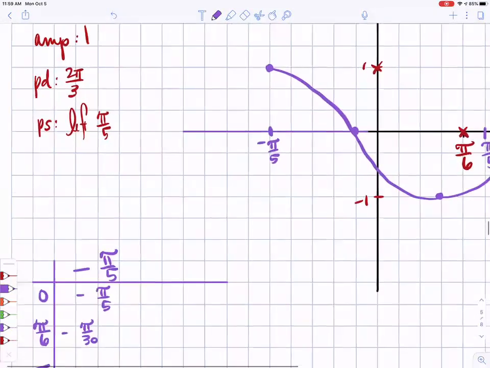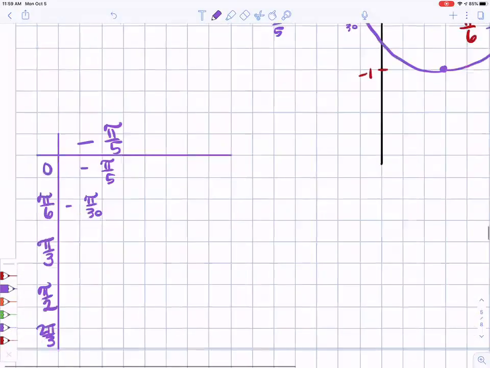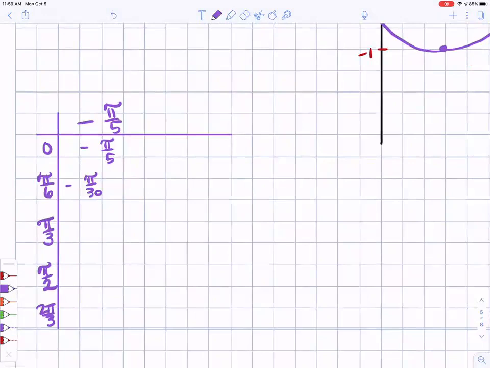All right, we can put that in. So negative pi over 30. So for the next one, you're going to want to type in 1/3 minus 1/5. And what do you get? Yep, 2 pi over 15.